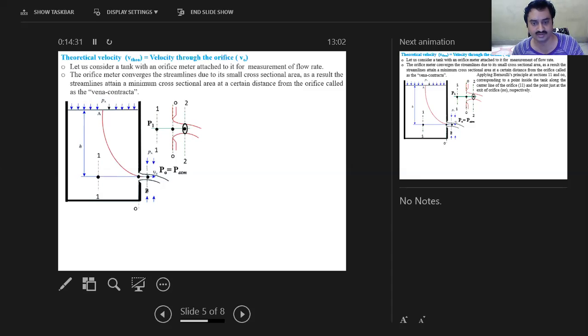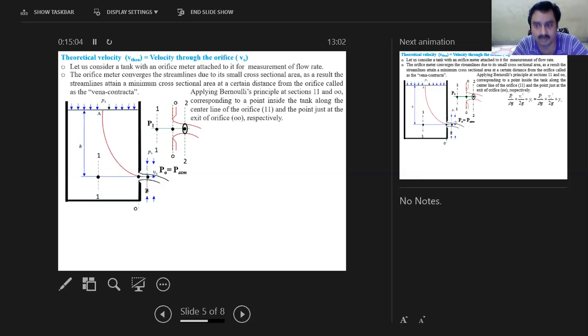OO section is my orifice section. So your streamlines are getting converged. So they are attaining a minimum cross-sectional area a certain distance from the orifice, and that section is your 2-2 section. So that refers to the vena contracta section. Right? So OO refers to your orifice section, and 2-2 refers to the vena contracta section, where the cross-sectional area of the streamline is attained to be the minimum possible.